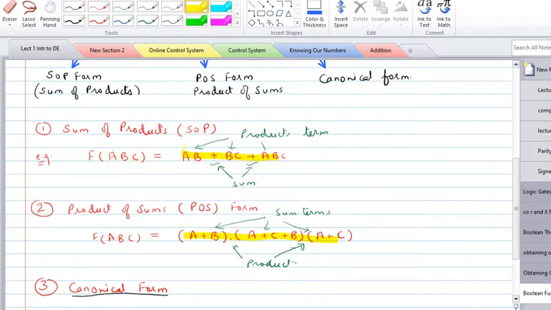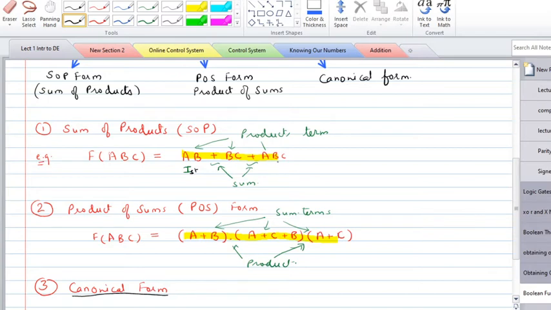In the first term c is missing, whereas in the second term a is missing, either a inverted or simple a.